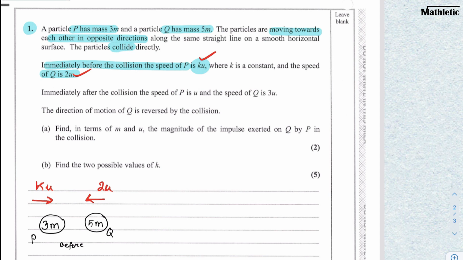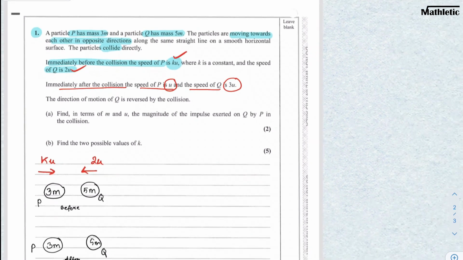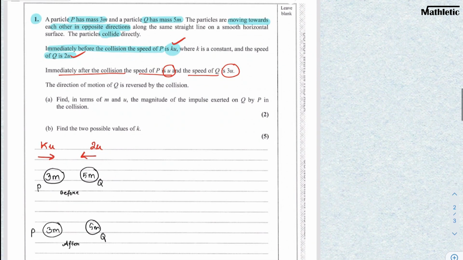Immediately after the collision, the speed of P is u and the speed of Q is 3u. The direction of motion of Q is reversed. So initially Q was moving towards left, and since the direction has reversed, now Q will move towards right.